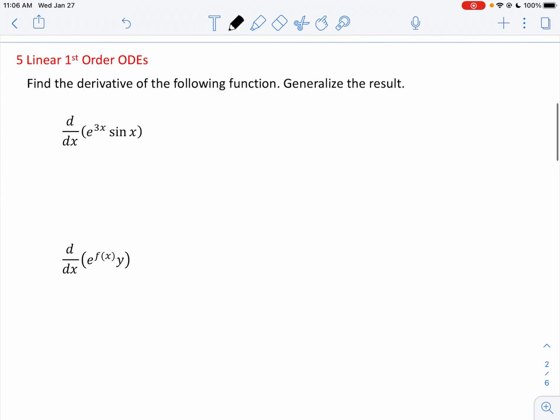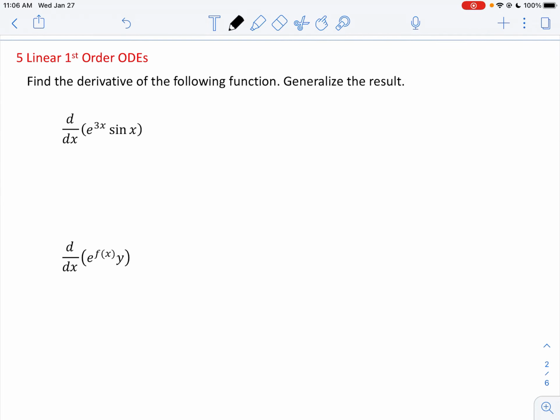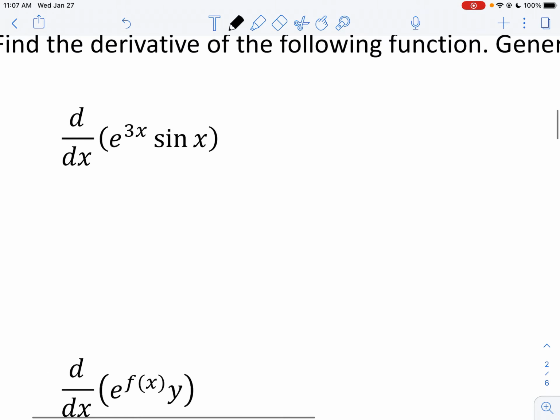Now before we proceed, we're going to do a quick review of the derivative, the product rule, and then we're going to generalize the result. So if I want to find the derivative of a product e to the 3x times sine of x, then I employ the product rule. I do the derivative of the first function, so the derivative of e to the 3x, and to differentiate that, I need to use the chain rule.